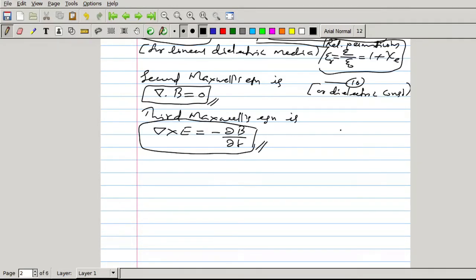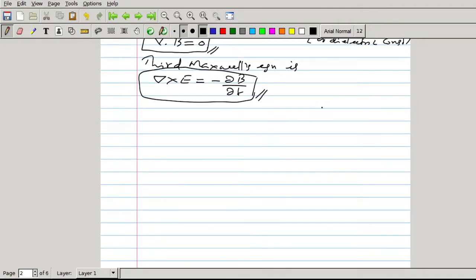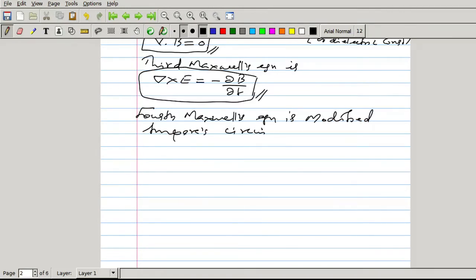So the third equation is this one. The fourth Maxwell's equation is the modified Ampere's circuital theorem.